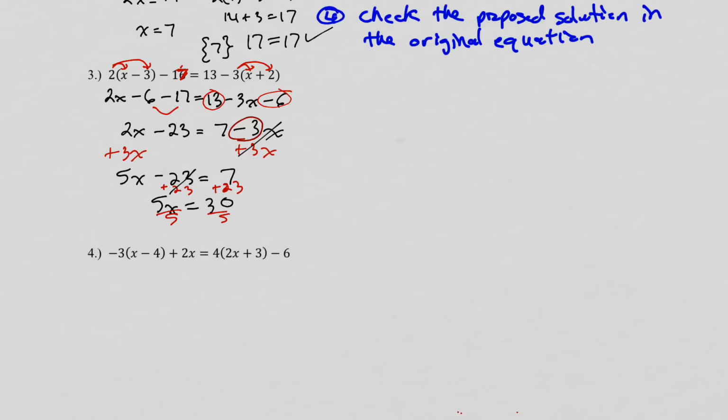So our proposed solution is 6, okay? So what we want to do is go ahead and check this on the right side, because this is a long equation, it's big, and so we want to make sure we didn't make any mistakes before we move on. So we're going to check this thing.